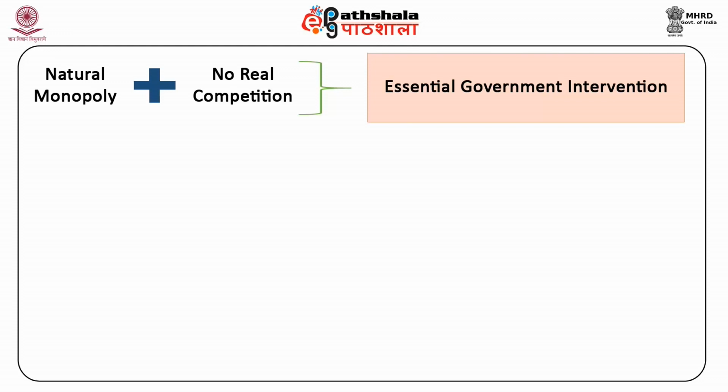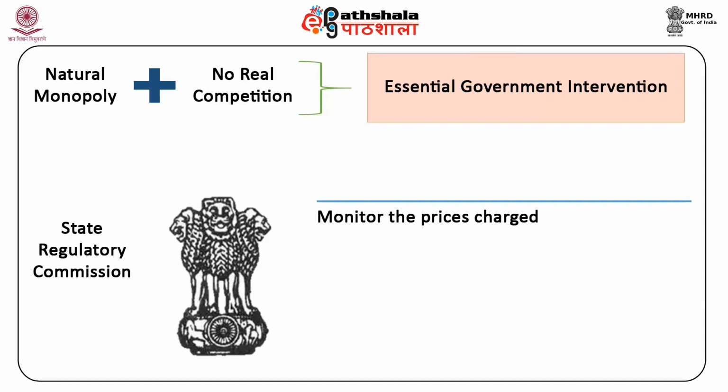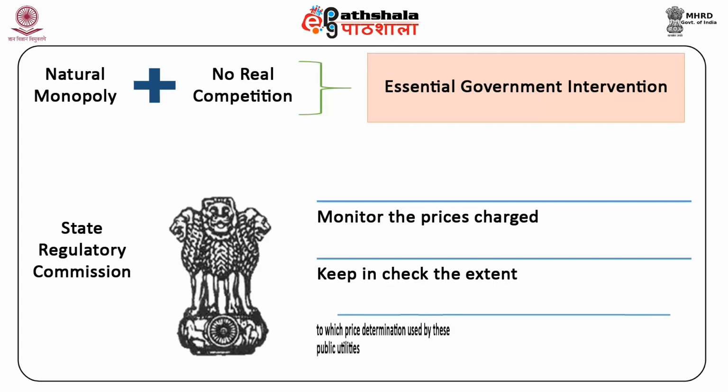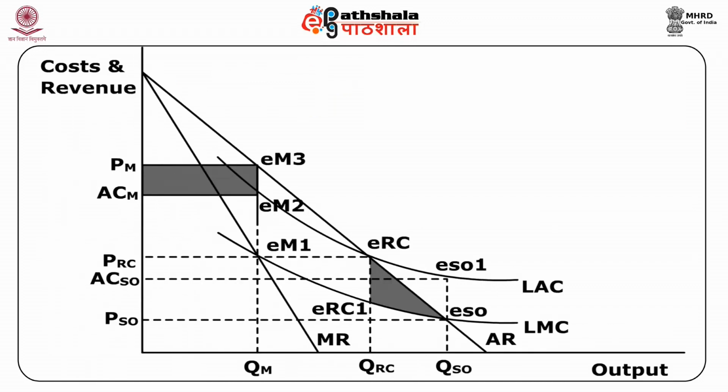The conduct of such firms is commonly regulated by state regulatory commissions that monitor the prices charged by them, Figure 1, and also keep in check the extent, if any, to which price discrimination is used by these public utilities. In the above Figure 1, the AR and the MR curves represent the market demand and marginal revenue curves for the public utility.